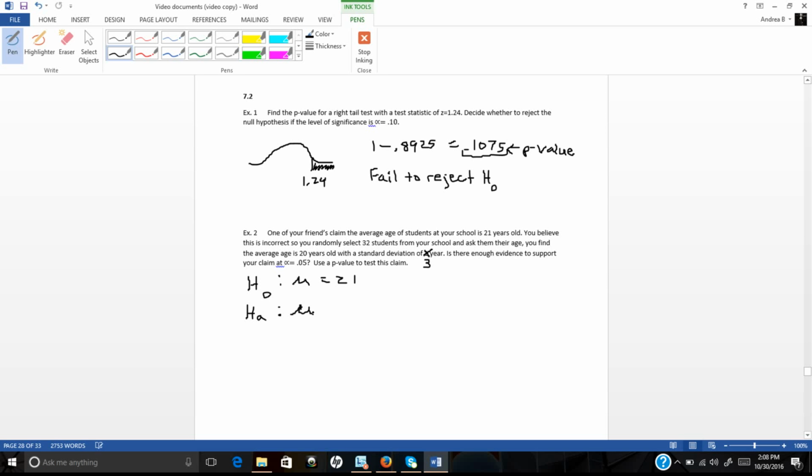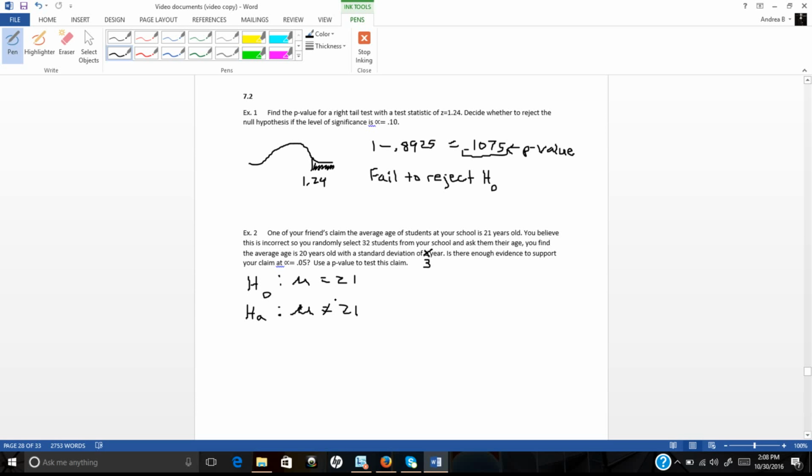So we're looking to see if it is or is not equal to that. So remember, in general, for the null, that always includes the equal to part. So you either have equal to, like we do in this case, greater than or equal to, or less than or equal to. If it doesn't have the equal to part, or if it's not equal to, then you have the alternative hypothesis that you're working with.